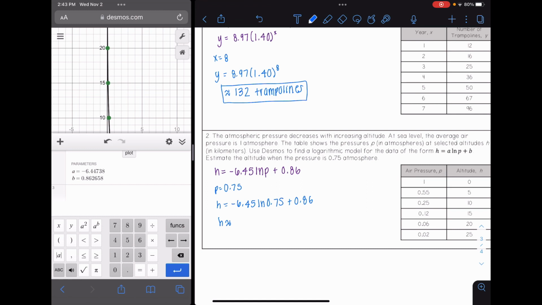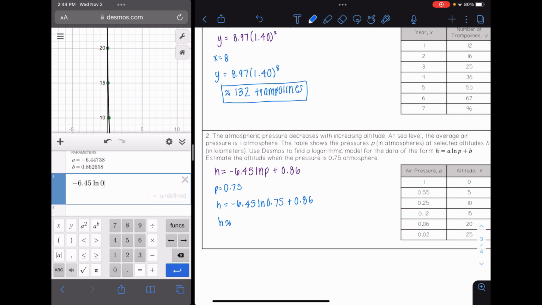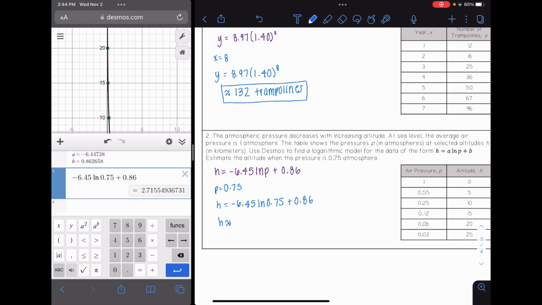And so I can go ahead and plug that into Desmos. So I have negative 6.45 natural log of 0.75 plus 0.86. And so I get that H is approximately 2.72 kilometers.